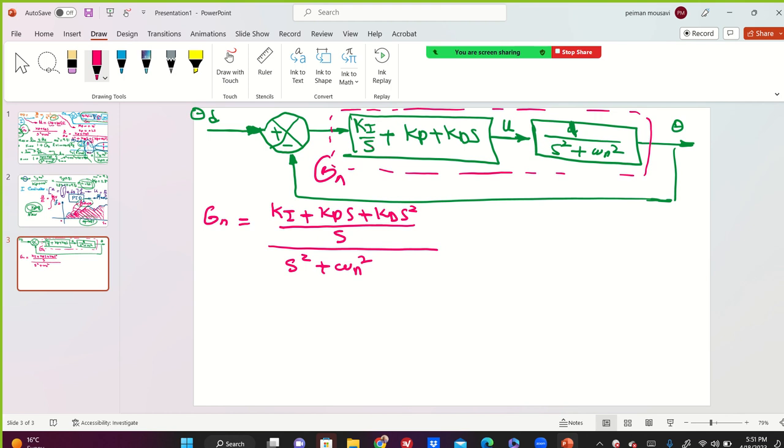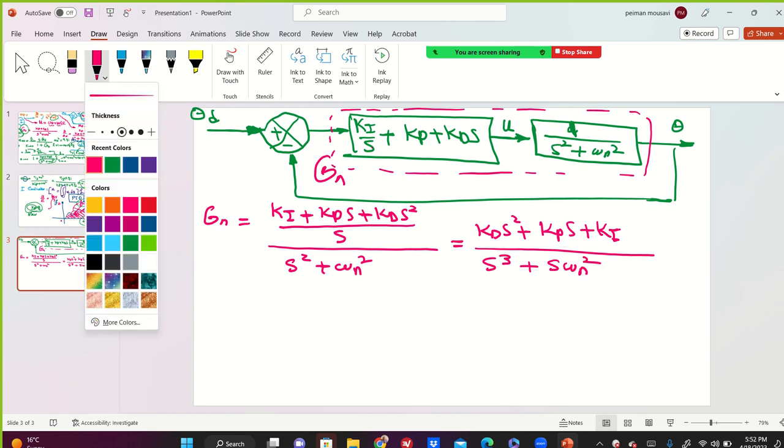This is your new open loop transfer function. So this is equal to Kd s square plus Kp s plus Ki divided by S cube plus S omega n square.